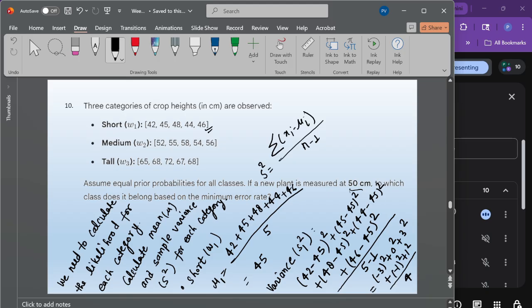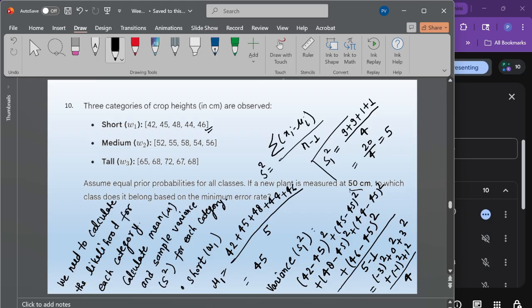So S1 square is 9 plus 9 plus 1 plus 1 divided by 4, which is 20 by 4, so 5. So mu1 is 45 and S1 square is 5.